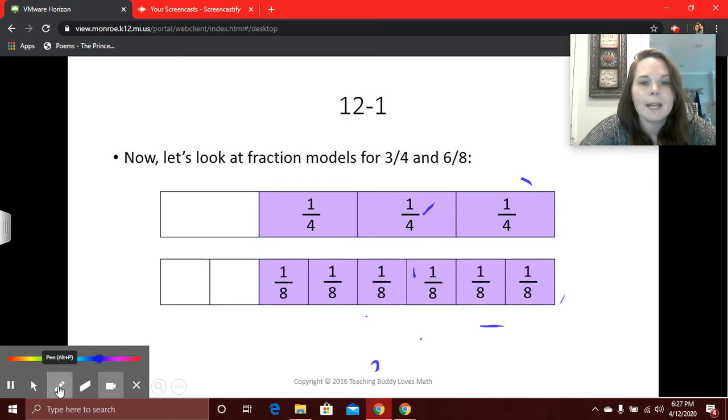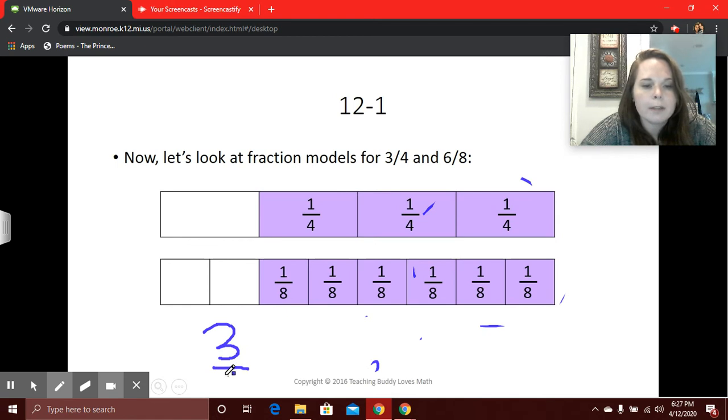If you're saying, again, the same size of the rectangle is shaded in, you are correct. So 3/4 and 6/8 are equivalent fractions.